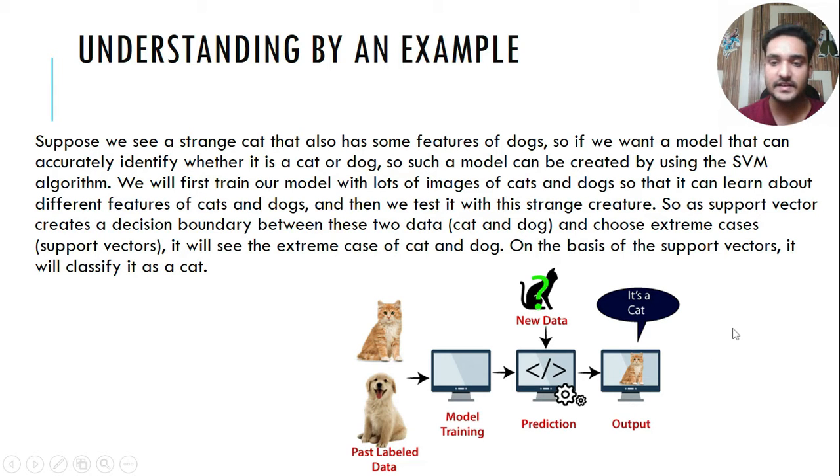To understand it better, we take a daily life example. If we create a machine learning program that has to distinguish between images of a cat and a dog, we give training data of multiple images of cats and multiple images of dogs.